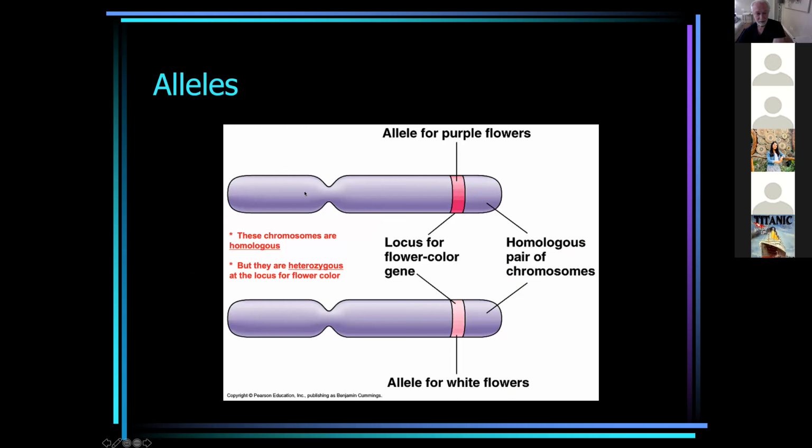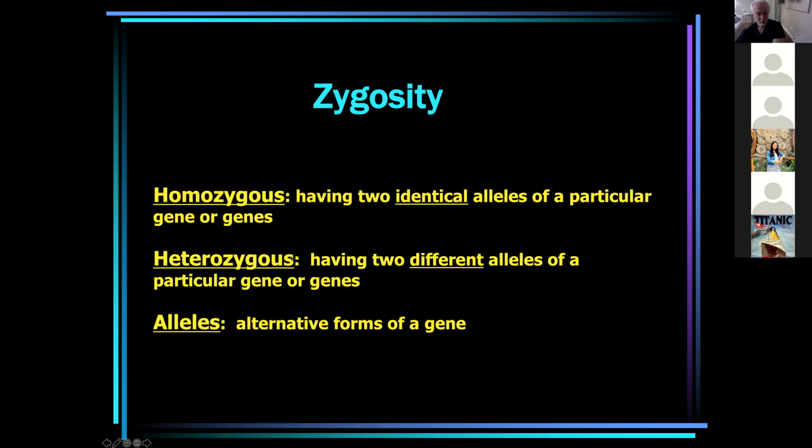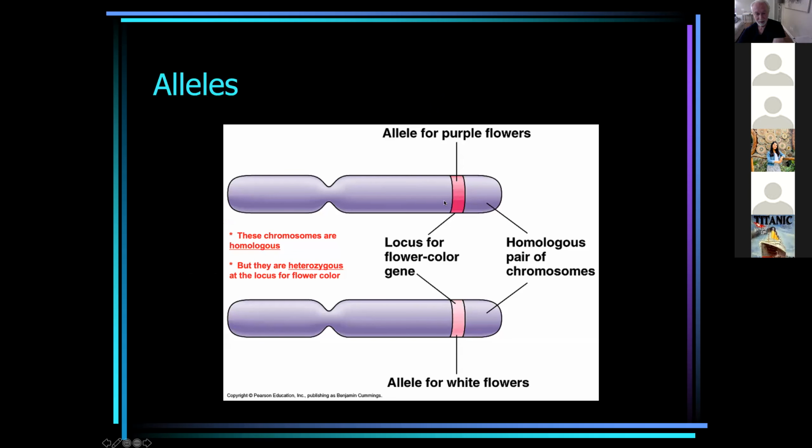This illustrates what alleles are. We have two chromosomes here in purple, and these chromosomes are homologous. These chromosomes are homologous, which means all of the genes on both of these chromosomes are identical, except for one: the allele for purple flowers and the allele for white flowers.